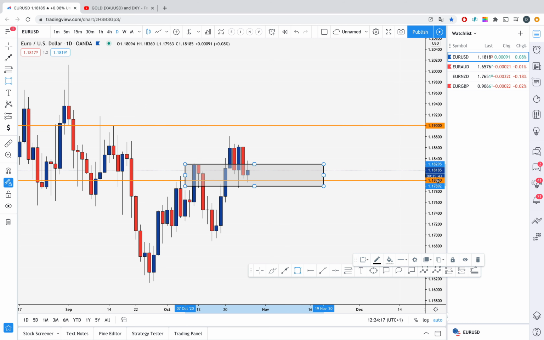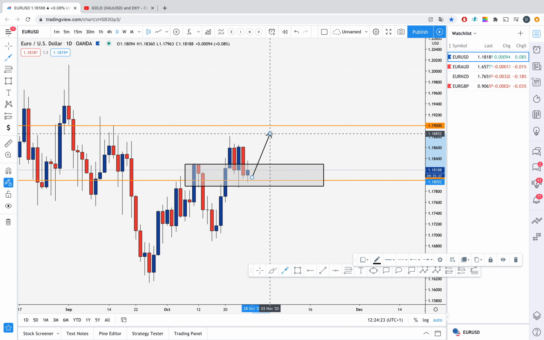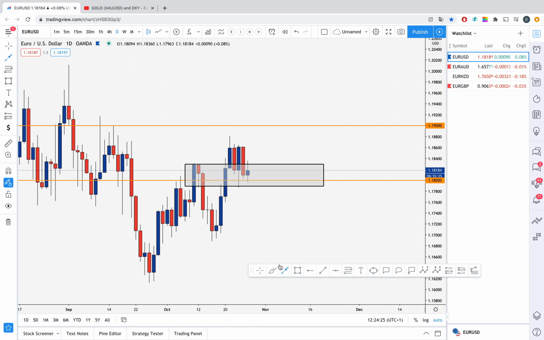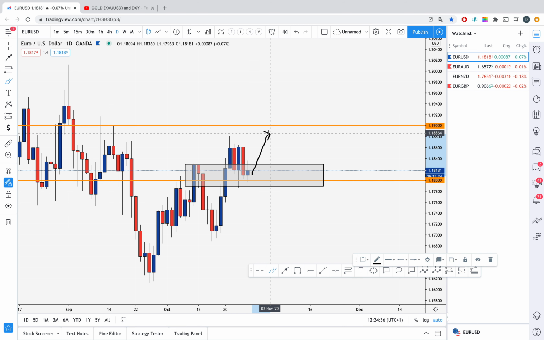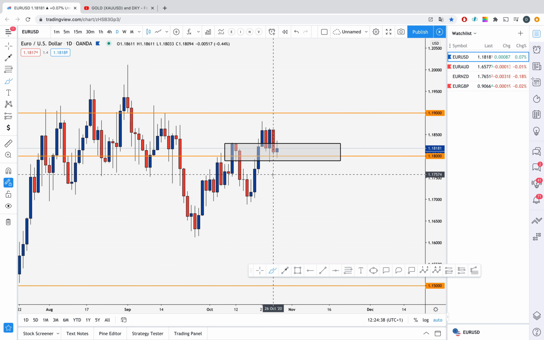Plus, we also got this 1.18 level, which is a big institutional level, also acting as support, because over here it acted previously as support, as you can see with a nice wick, which shows the strength of the bulls is definitely here, and from this level we can expect a push to the upside.